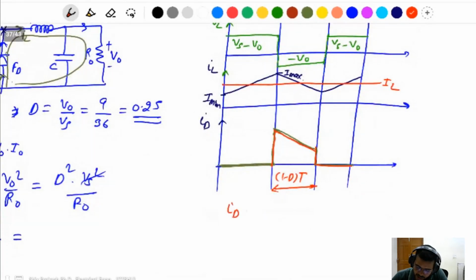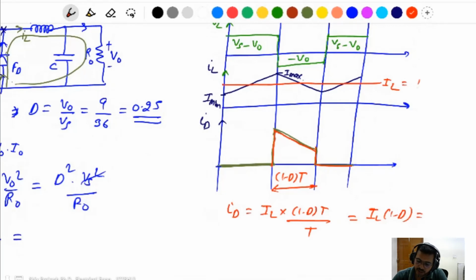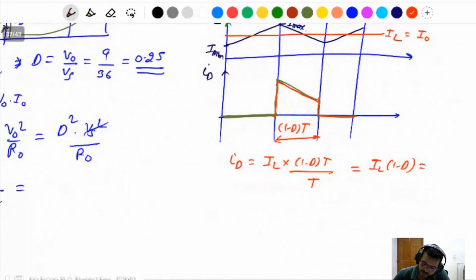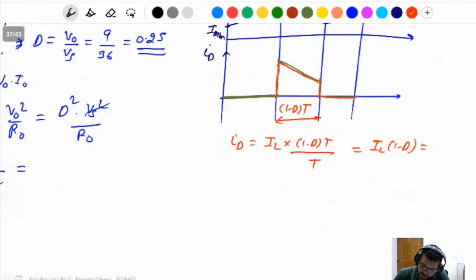Then ID is IL, the average current, into 1 minus D. IL is the same as I naught for the buck converter, because the average current of the capacitor will be 0. This is written as I naught into 1 minus D.